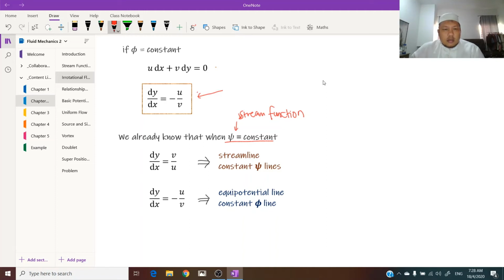Then dy/dx equal to v over u. This is a streamline, constant psi lines. And then we have dy/dx equal to minus u over v, which we call the equipotential line, constant phi line.